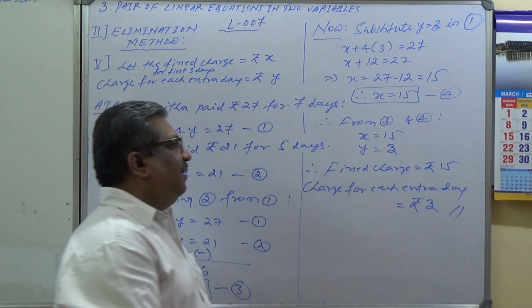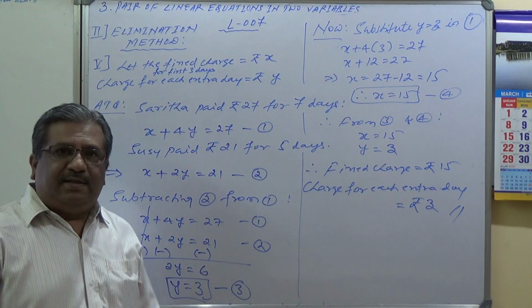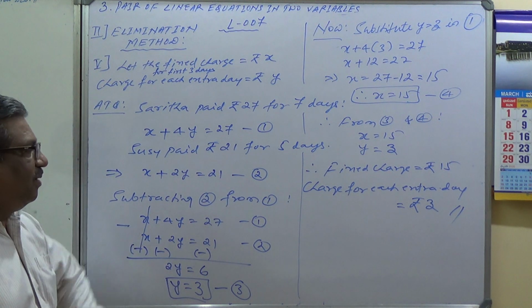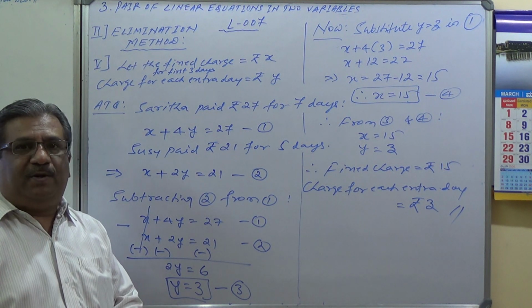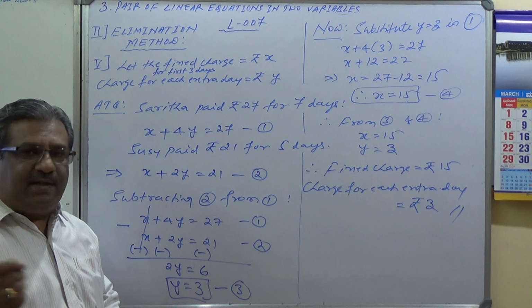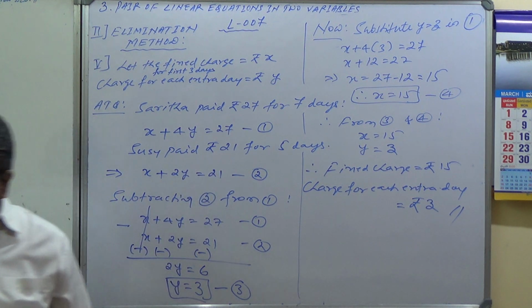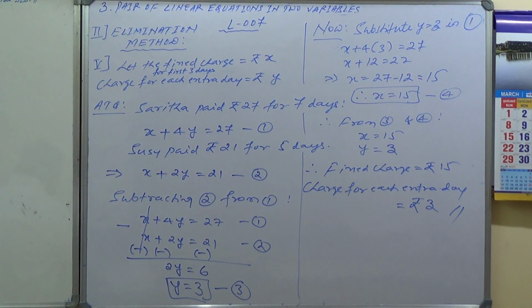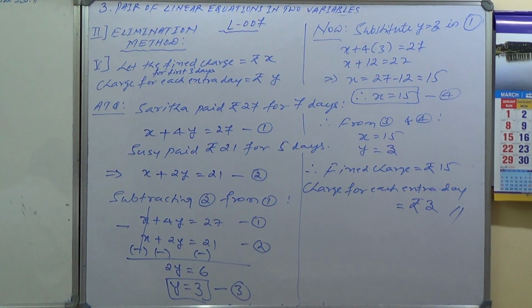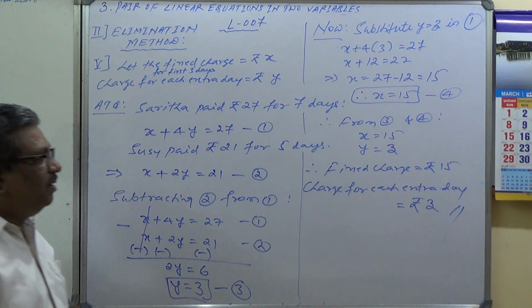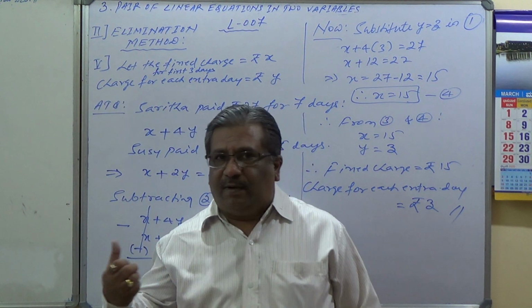That should be my final answer. Is it clear? Yeah. Please note it down. Another 2 numericals I am going to discuss, which are a little different, which are also from the textbook. First note it down, please. Yeah, I think you have noted it down.